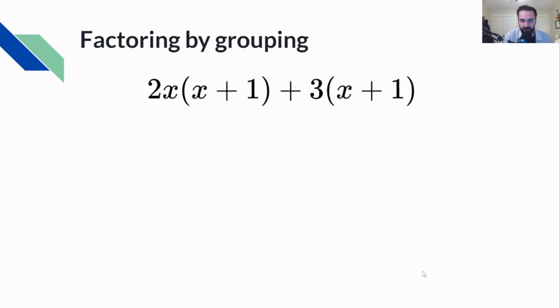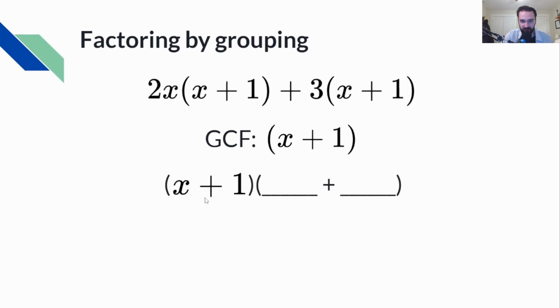Then we notice that x plus 1 is a common factor in each term. They both have x plus 1. So that's my GCF. What we're going to do is factor out that GCF, x plus 1, and ask ourselves what's left here. What do we put in these blanks? x plus 1 times what equals 2x times x plus 1?